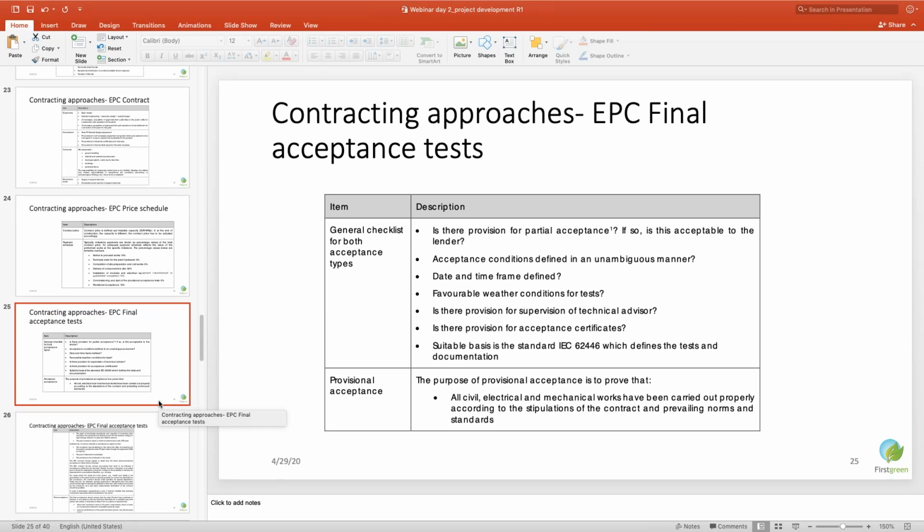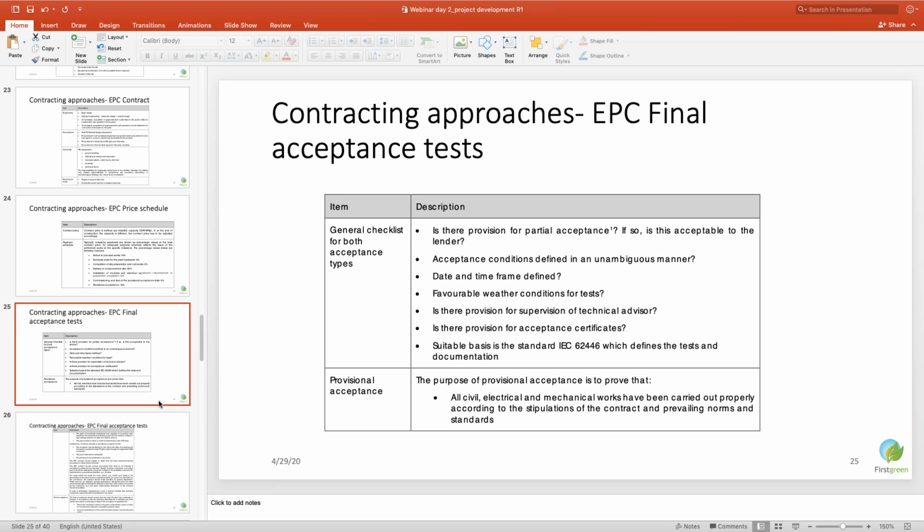The final acceptance test: what all is required in the final acceptance test needs to be defined in the contract, and this is done on the basis of IEC 62446, which defines the testing protocol for solar projects, and based on that only you will do the testing and commissioning.